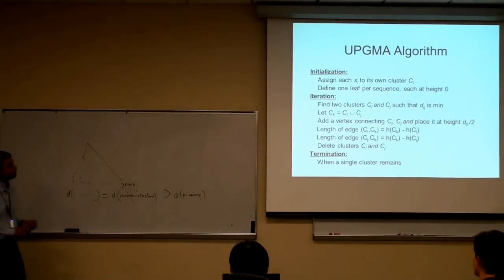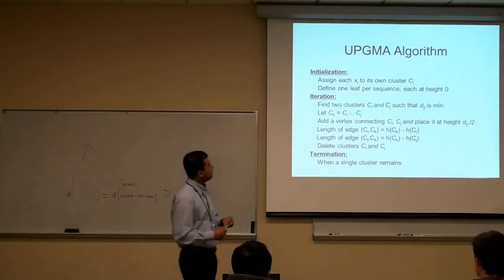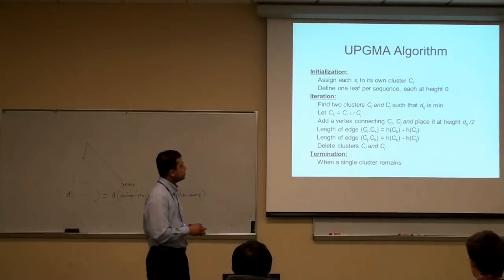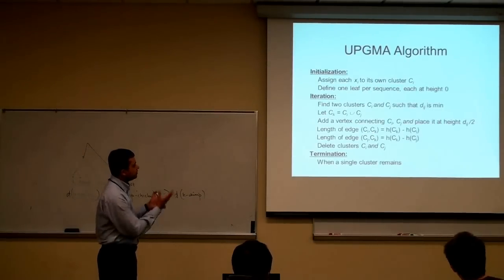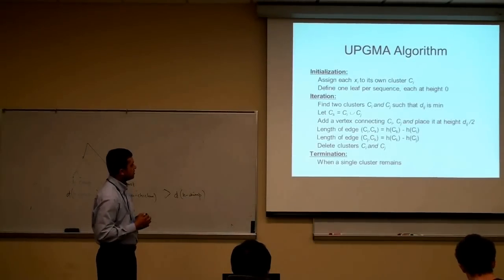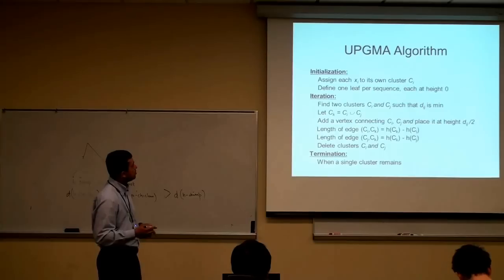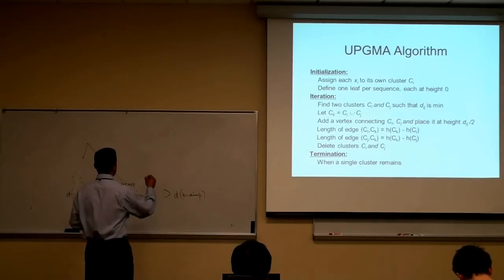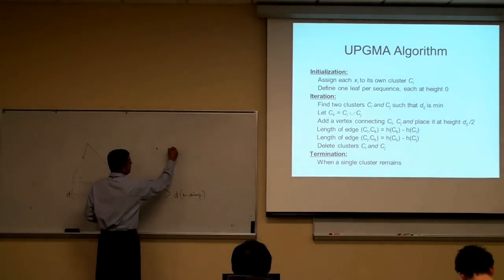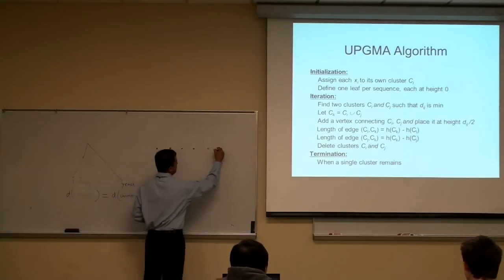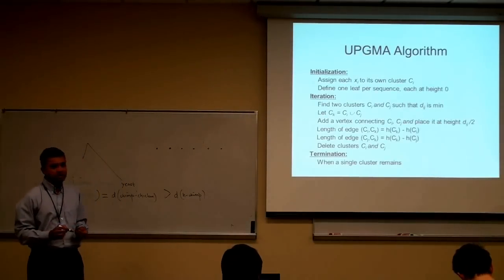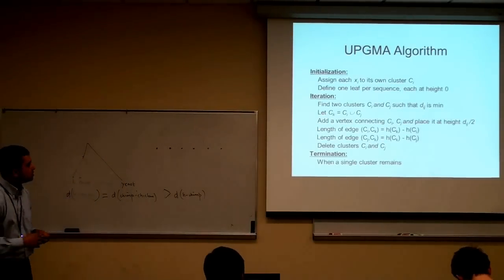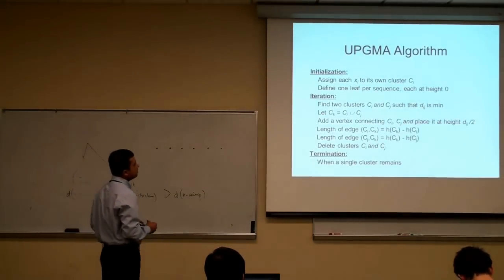Here's the algorithm. And you should really understand the steps of this algorithm. Ideal for asking exam questions for them. So initially, like the hierarchical clustering method, each point, each xi, each extant species is its own cluster, ci.